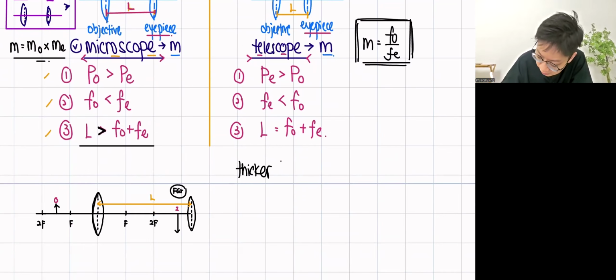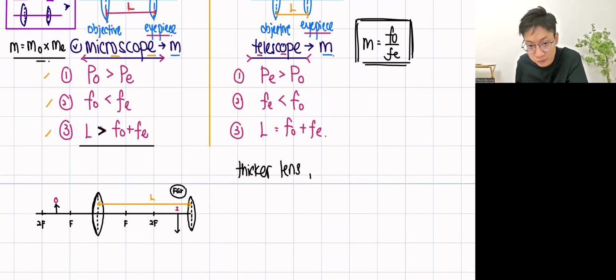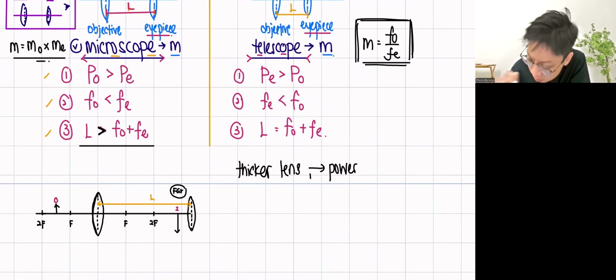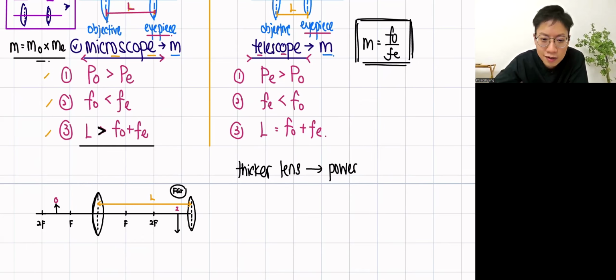The thicker the lens, thicker lens means the power is higher or lower? Thicker lens has higher power or lower power? Higher. Okay, just imagine one day you see your friend's specs are so thick.